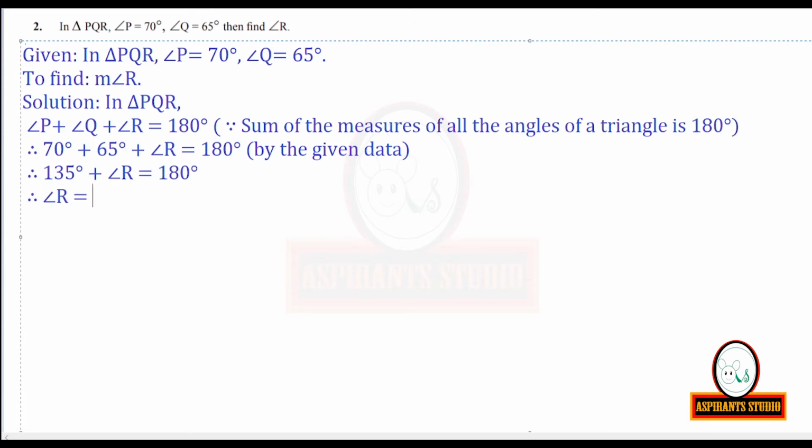When 135 degrees is taken from the left hand side to the right hand side, the sign changes to minus. So measure of angle R is equal to 180 degrees minus 135 degrees, which is equal to 45 degrees. So, your answer is measure of angle R is equal to 45 degrees.